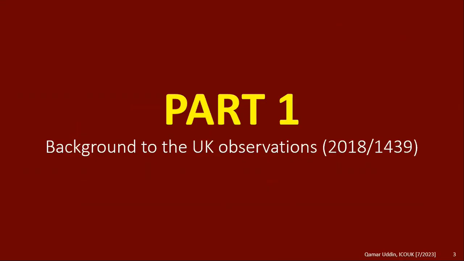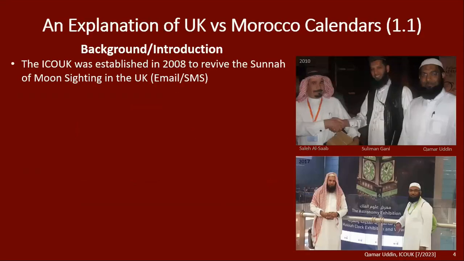So part one. The background of the ICOUK is we started moon sighting in the UK in 2008. I was doing moon sighting since 1998, and after about 10 years of my research with the International ICOUK organization, I met Sheikh Suleiman Ghani, who suggested we should revive the Sunnah moon sighting in the UK.